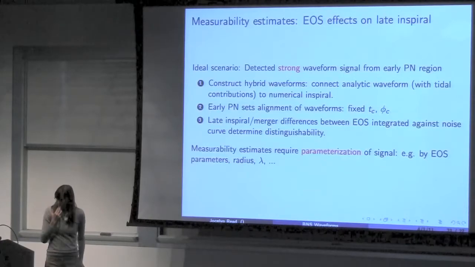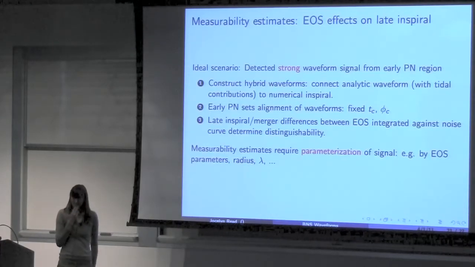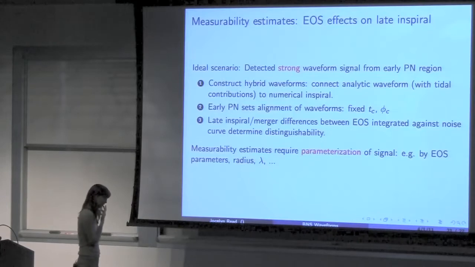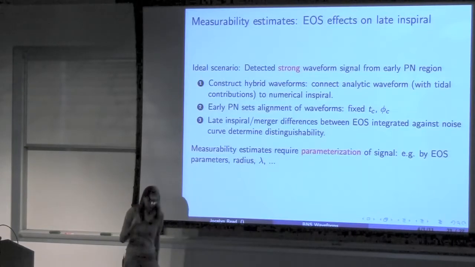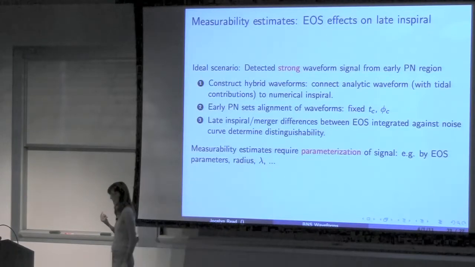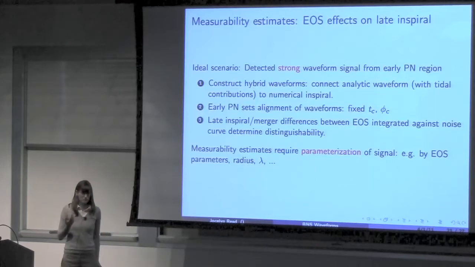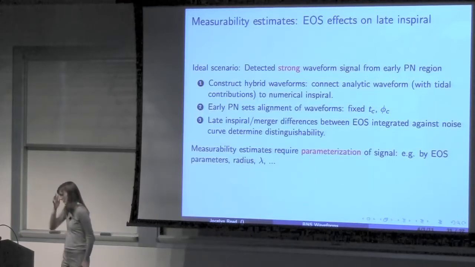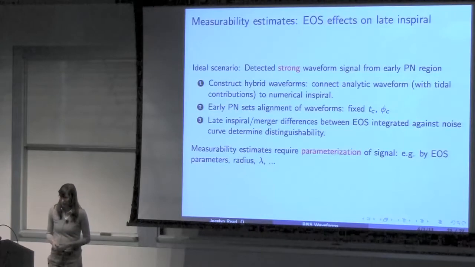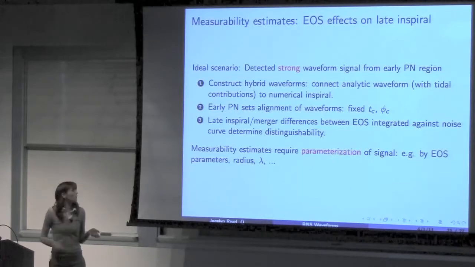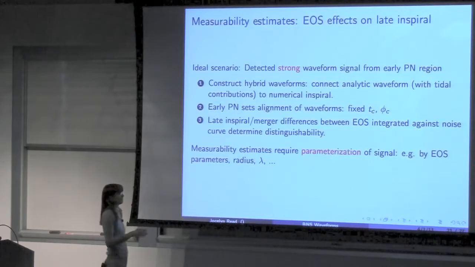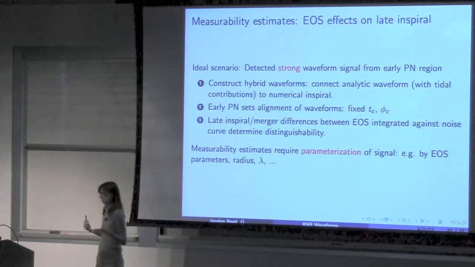Okay, so we would like to actually make an explicit measurability estimate for this, or we would like to construct a scenario where we can actually measure these differences that we observe in the waveform. And so there's an ideal scenario which goes something like this. We've detected a strong waveform using a post-Newtonian template in the early region.